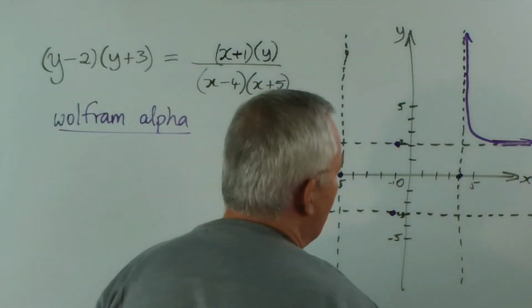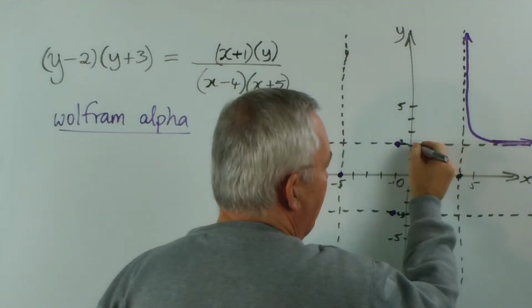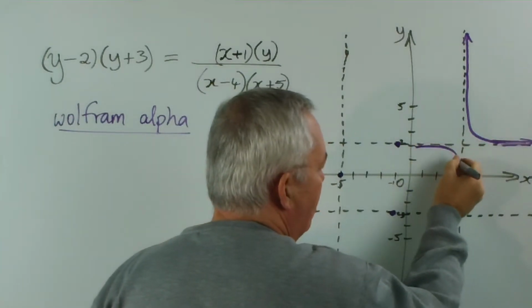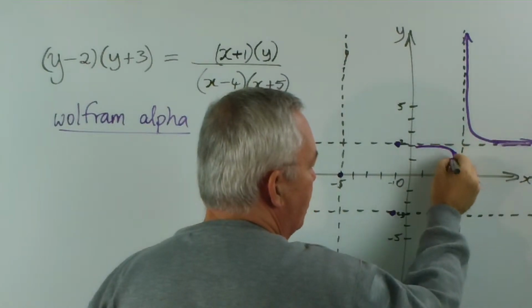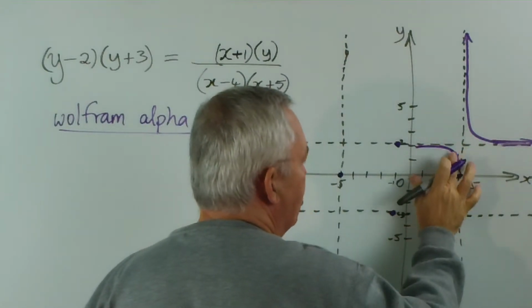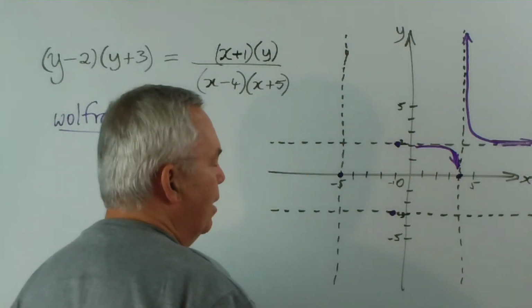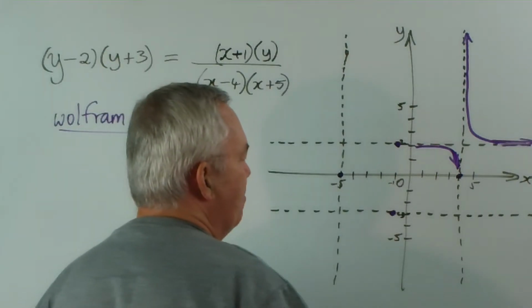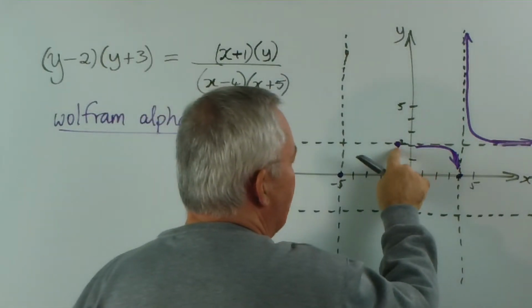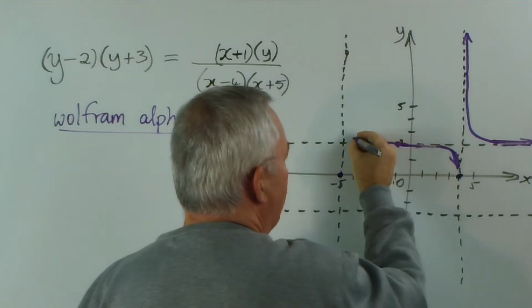Now, the graph will expect to continue diagonally across these two normal asymptotes. Like so. I'll wait for it to dry. But something happens. When it gets to this point, it crosses over the asymptote and continues up there.